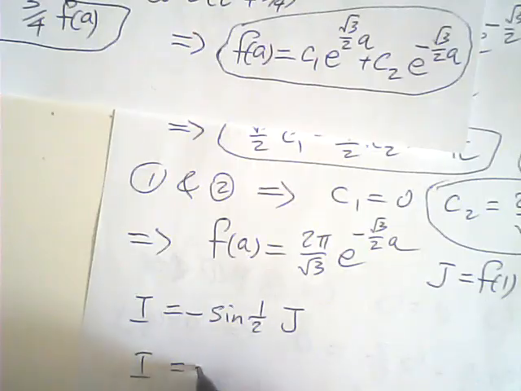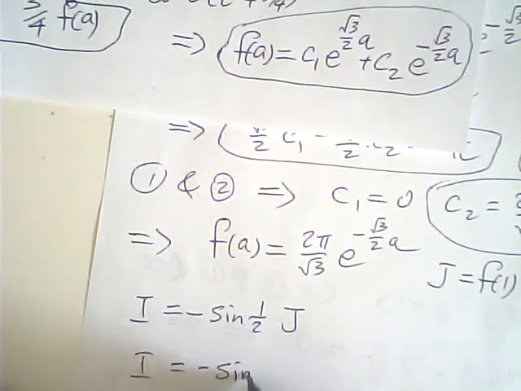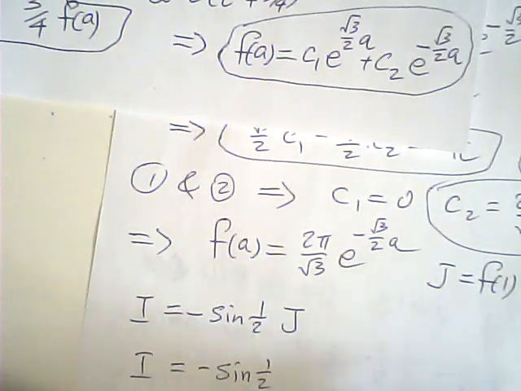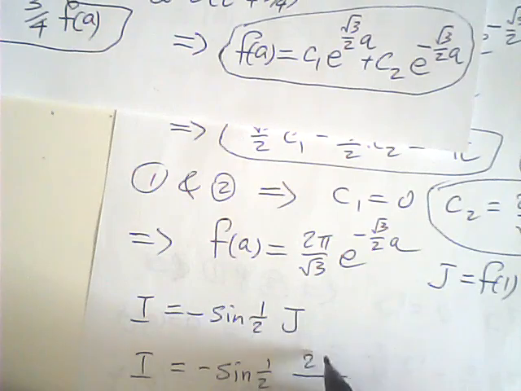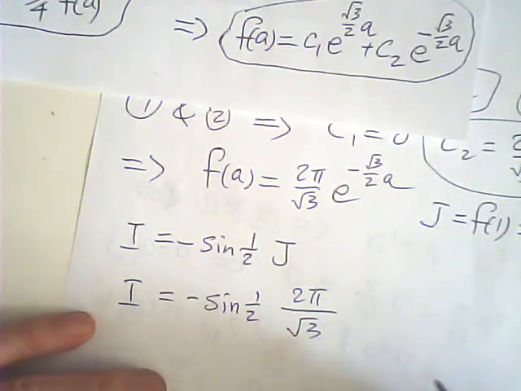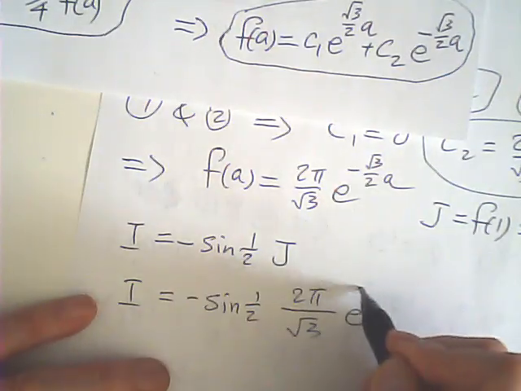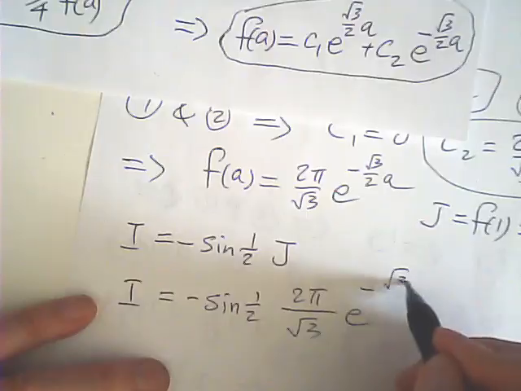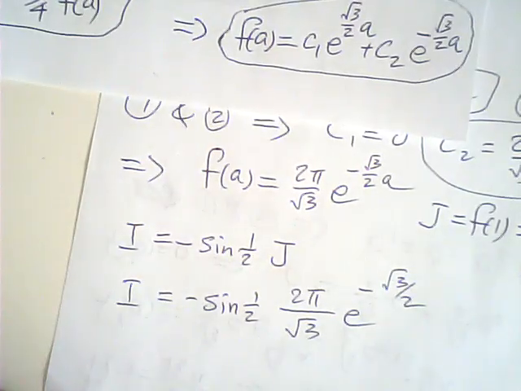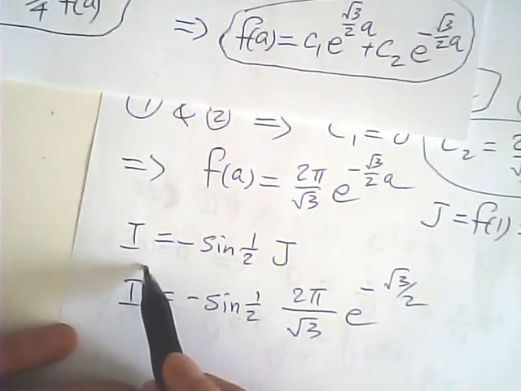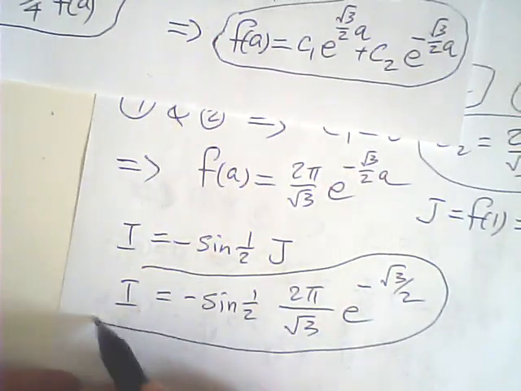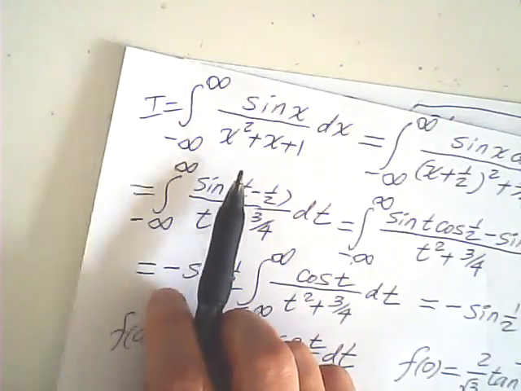So I equals negative sine half times 2 pi over root 3 times e to the negative root 3 over 2. Wow, this is the very answer for our integral I.